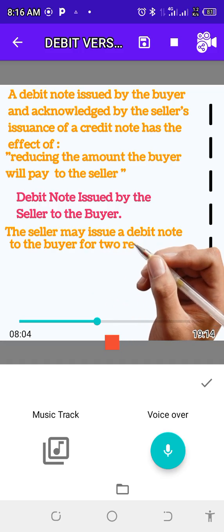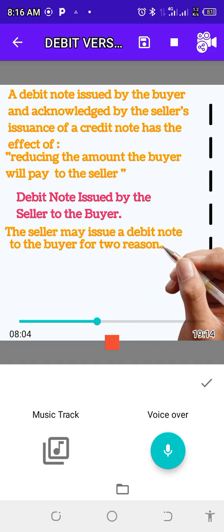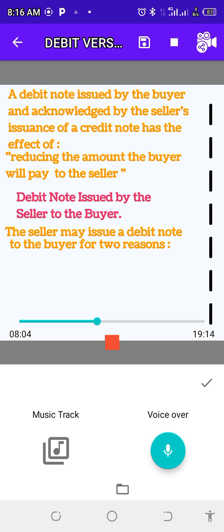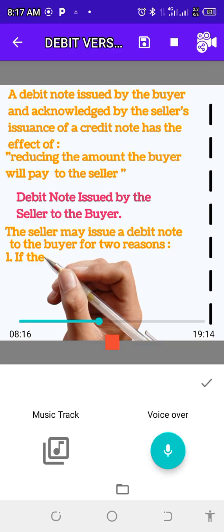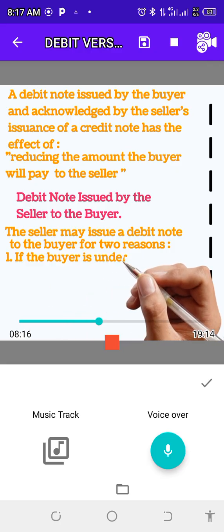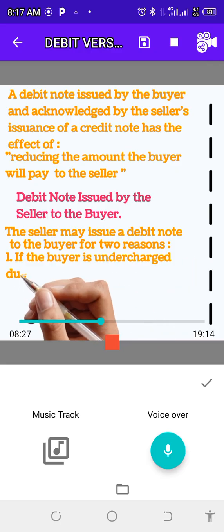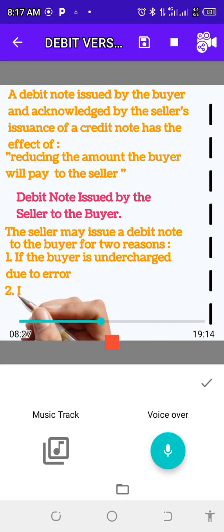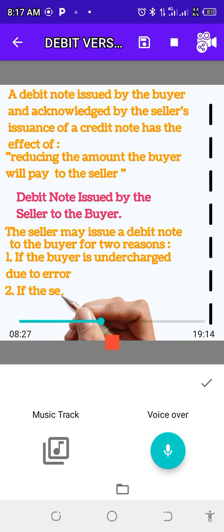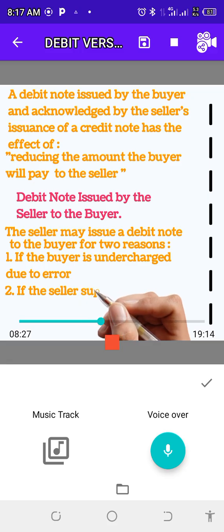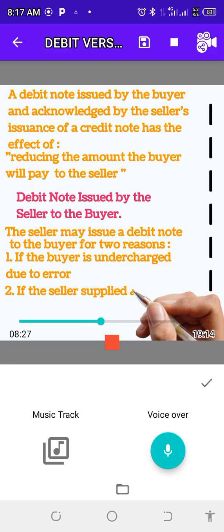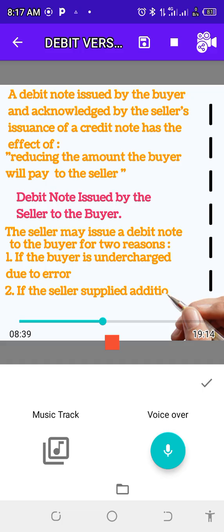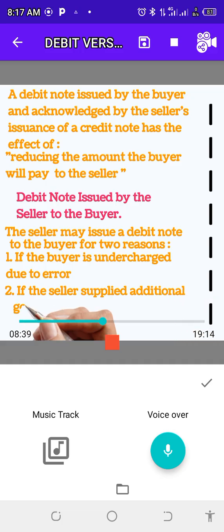Two, if the buyer receives additional supply from the seller, that is, if the seller supplies additional goods to the buyer. These are the two major reasons why a seller may issue a debit note to the buyer.